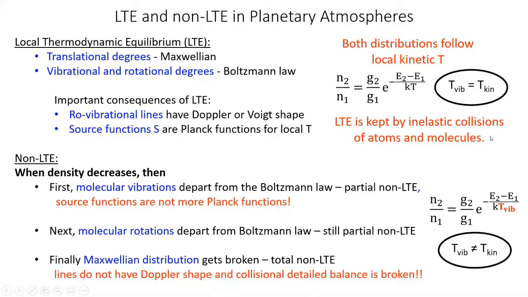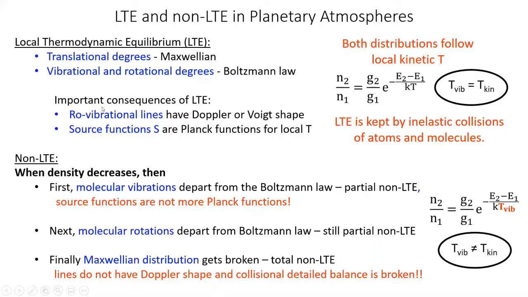Therefore, the velocity distribution of molecules is Maxwellian, and the vibrational and rotational population distributions, here represented as n, follow the Boltzmann law, which is controlled by the kinetic temperature. So if we know T, the kinetic temperature, we know the vibrational and rotational population distribution for each of the trace gas molecules.